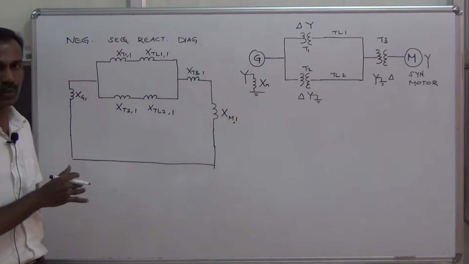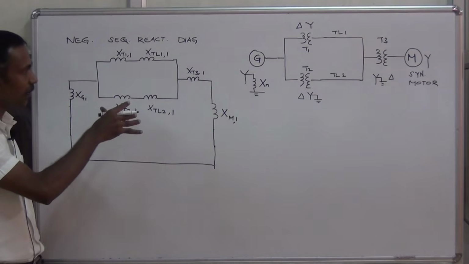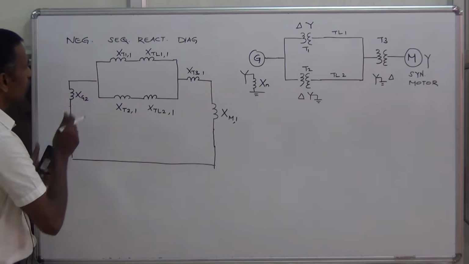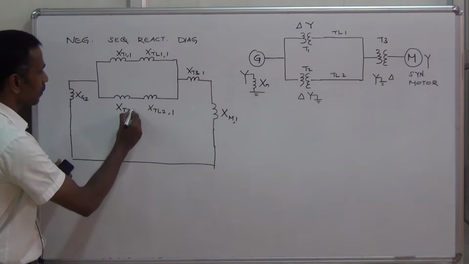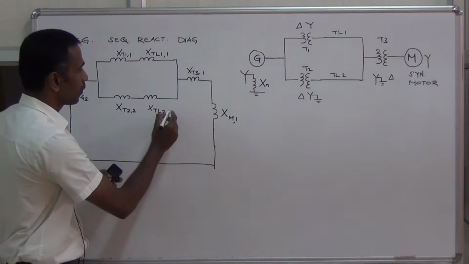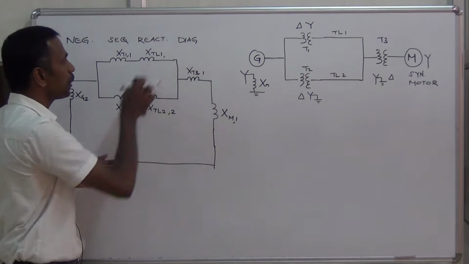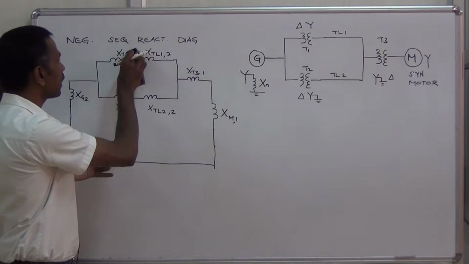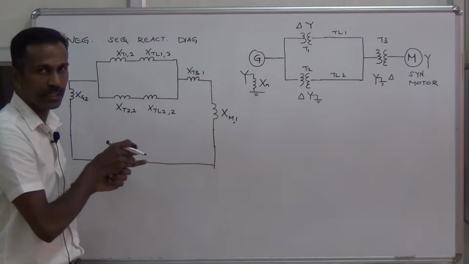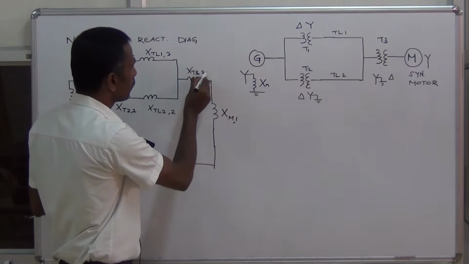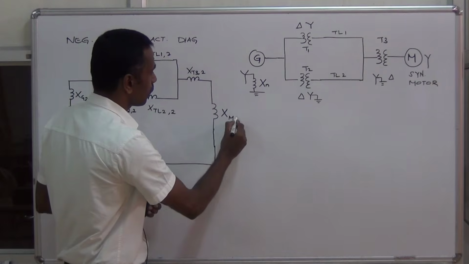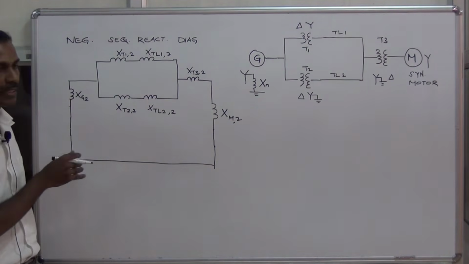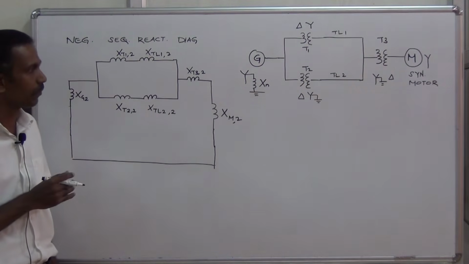Except this voltage source, all other reactances will look similar, but the values should be for the negative sequence. Instead of the positive sequence reactance values, you should mark the negative sequence reactance values for each element. So this will be the complete negative sequence reactance diagram for this particular power system.